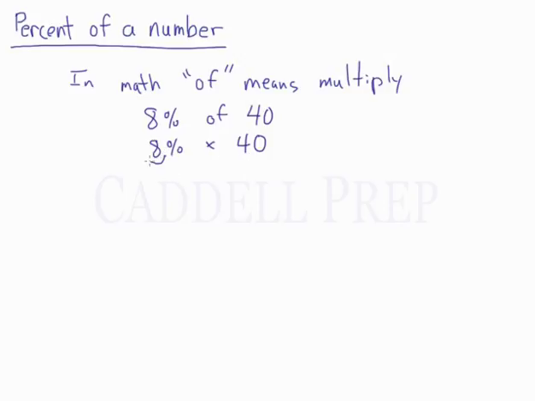So we're going to move this 2 spots. So we're going to get 0.08 and multiply that by 40. And if you do that math, you'll get 3.2. So of means multiply.